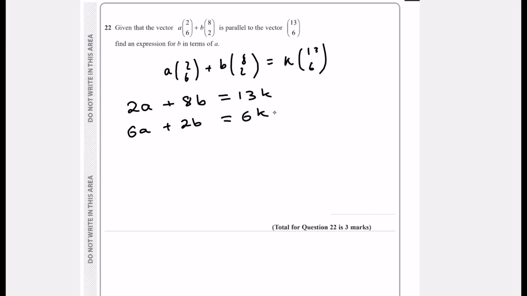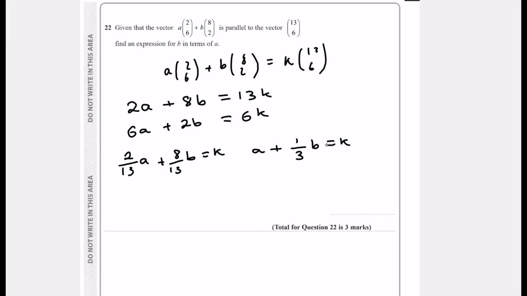Then we need to get rid of the k's. So the best thing to do is to divide the top one by 13, divide the bottom one by 6, so they're both k equals. So we have 2/13 a plus 8/13 b is equal to k, and divided by 6, 6 over 6 is 1, so just a plus 2 over 6, a third, b is also equal to k.